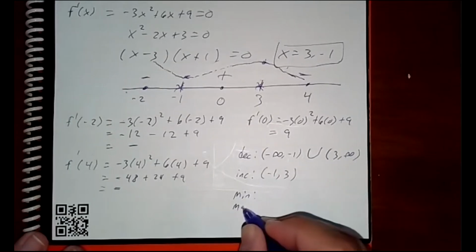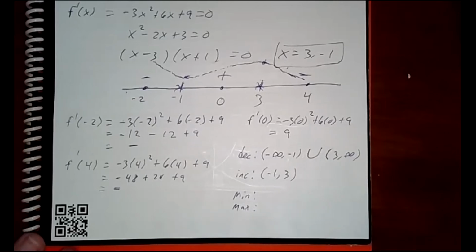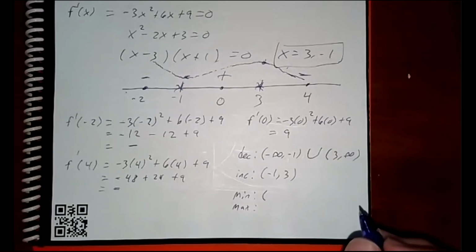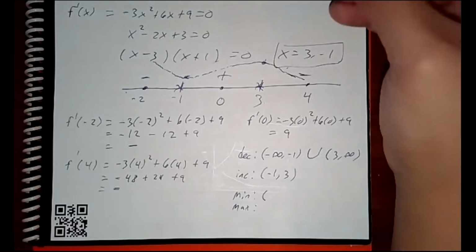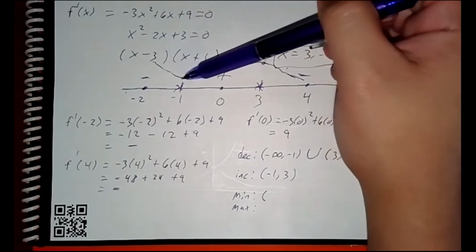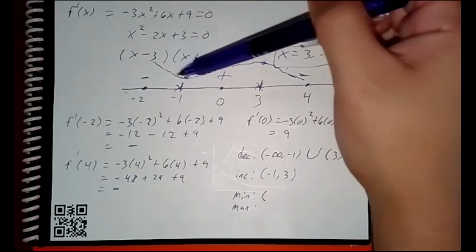Where is the minimum and maximum? Well, we have a minimum right here because if we go from decreasing to increasing, that guarantees a minimum. Yeah, you're right.